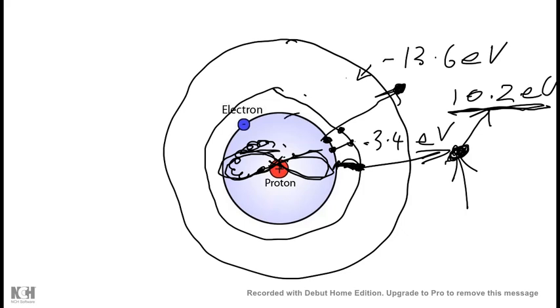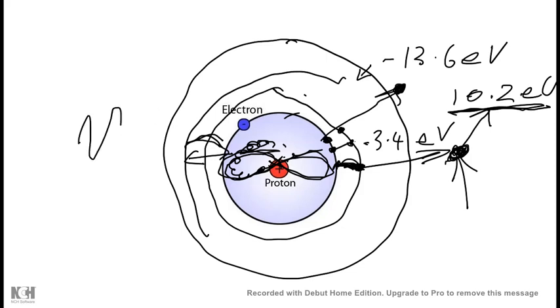And if it gets excited out to the next one and drops down two levels, then of course the photon would be even more energetic and at a higher frequency. You've got the red at one end and blue at the other, and that's what's happening. And so there's no electron involved.